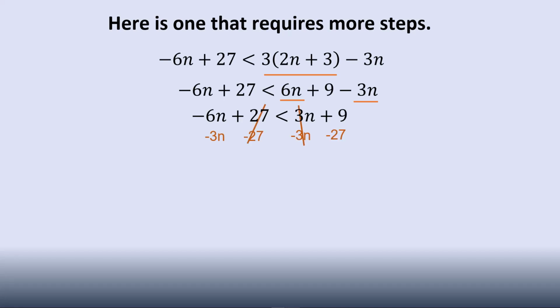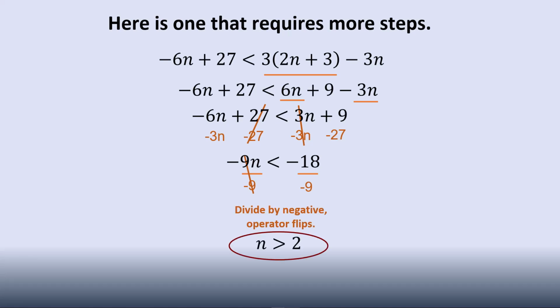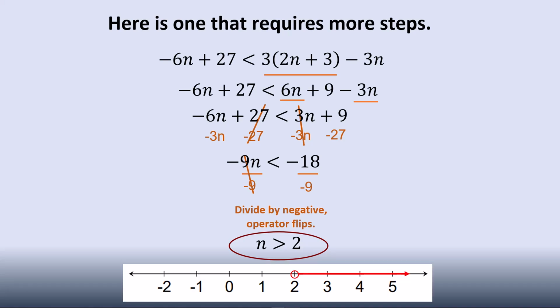And now we do two inverse steps in one, subtracting 3n from both sides to get the variables on the left, subtracting 27 to get the constant values on the right, and we get -9n less than -18. We divide both sides by -9, flip the operator, and we get n is greater than +2. On the number line, you have an open circle on 2, arrow to the right.